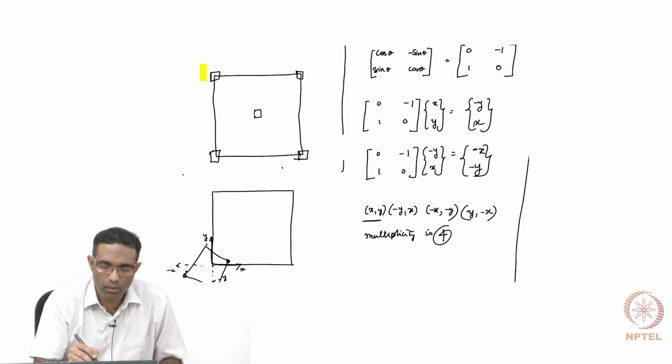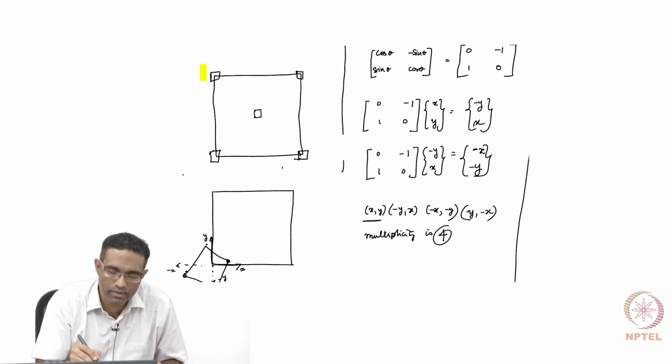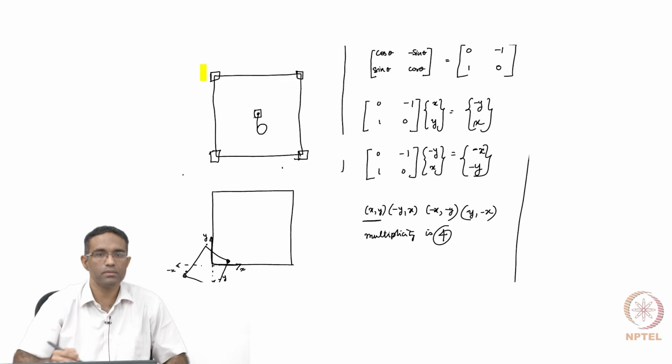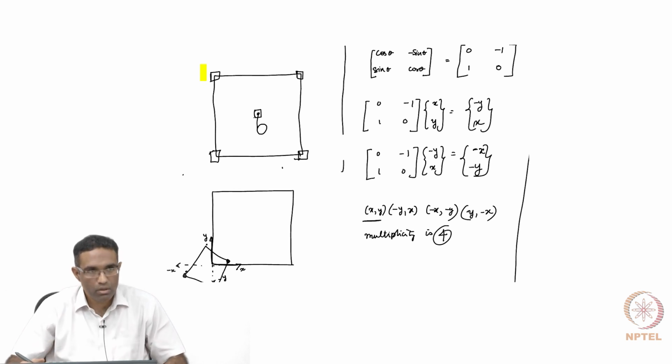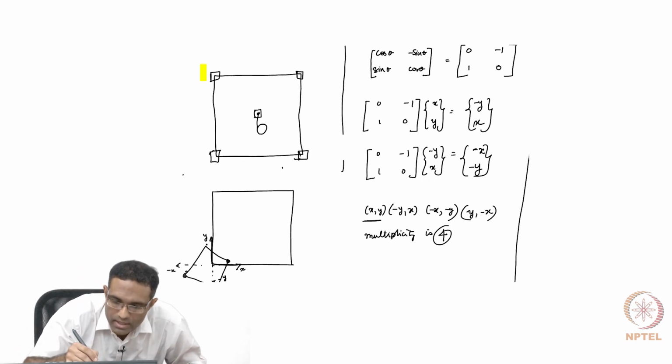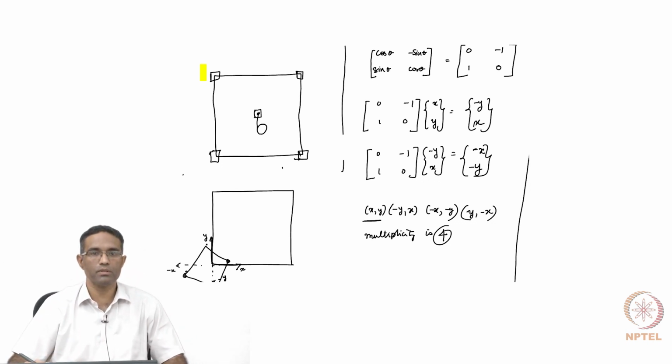Okay. Now what happens if one of the atoms is actually lying right on the fourfold rotation axis? How many new atoms will be generated if I perform fourfold rotations? Will this atom get generated more number of times?